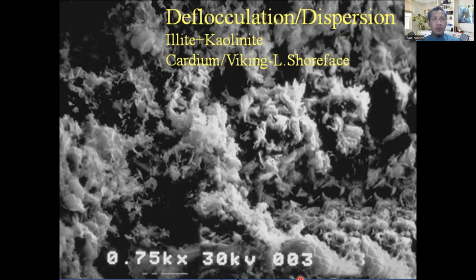The flocculation or dispersion, specifically involving the illite and kaolinite clays, is a process where the clay forms larger aggregates due to the presence of the OH ion. This causes the platelets of kaolinite to be pulled apart, reducing the attraction to each other.